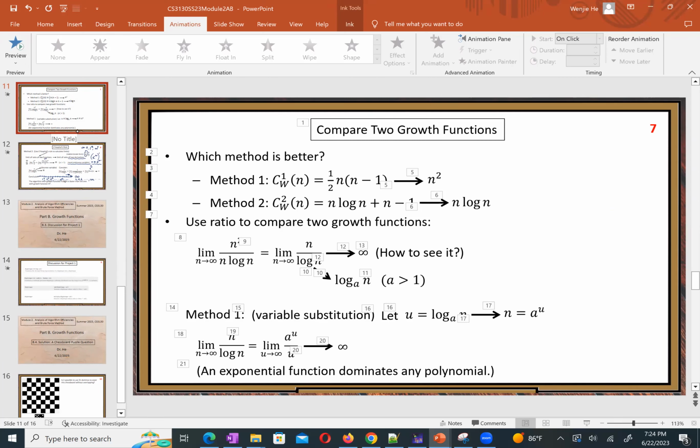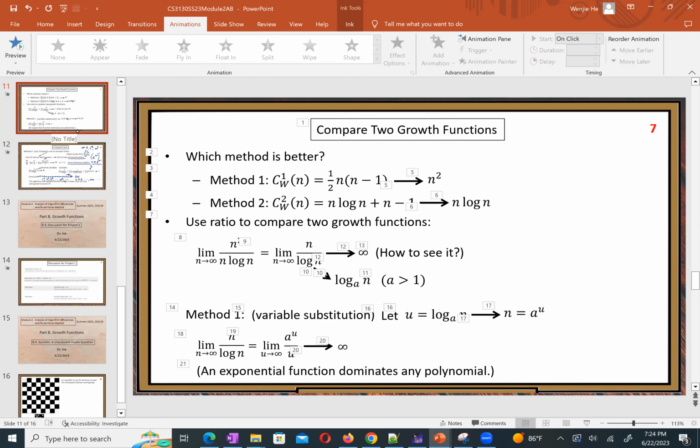How do we simplify our efficiency function? First, we only keep the dominant term; the minus 1 is a minor term, so we ignore it. Second, we ignore the constant, so we get a growth function n squared. We try to make it as simple as possible by ignoring less important terms.